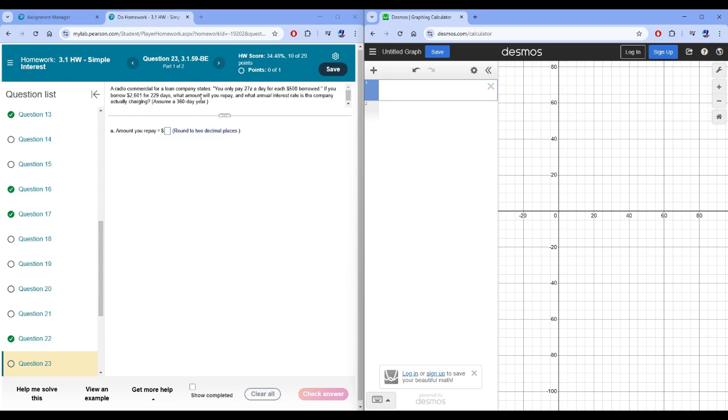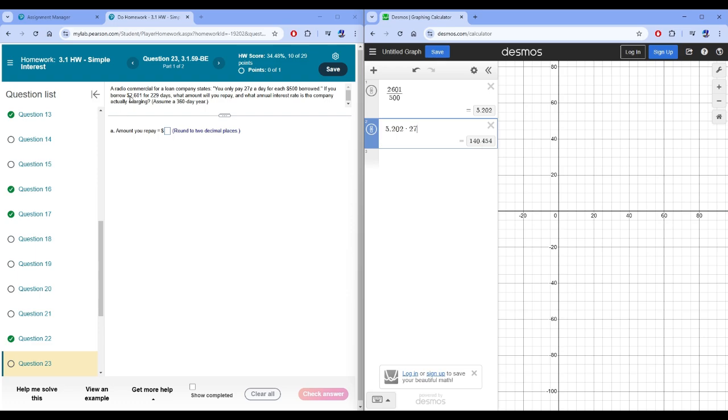If you borrow, so let's do 2601 divided by 500. That gives us 5.202 times 27. So that's how much we're paying per day. We're paying 140.45 cents. Okay.